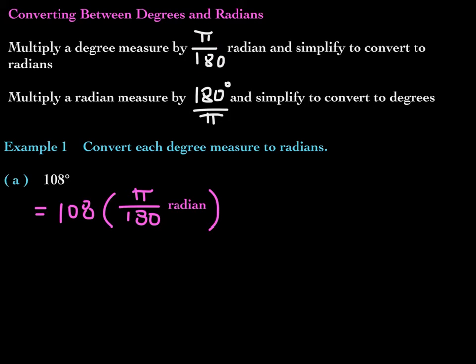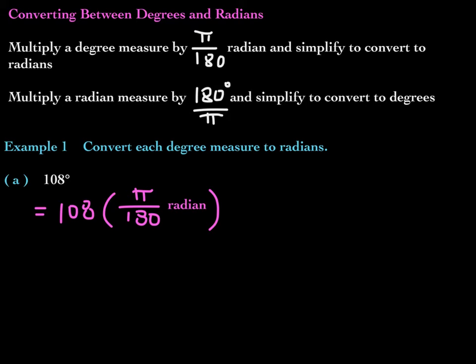So we've taken 108 degrees and we are multiplying by this ratio here, which converts it to radian measure. That's why there's no more degree symbol here, because once we multiply by this ratio, we are now in radian measure. All right, let's divide out by the GCF here. I believe the GCF here would be 36.